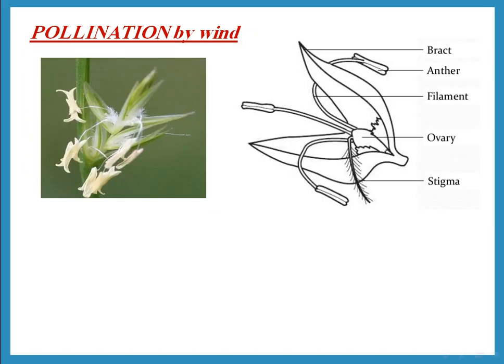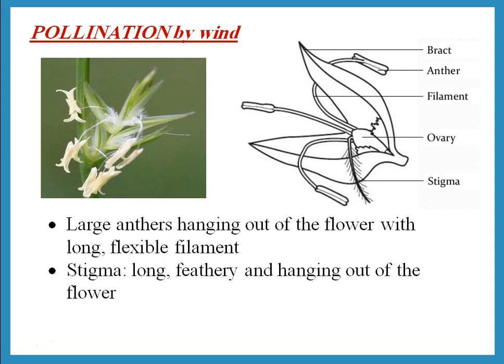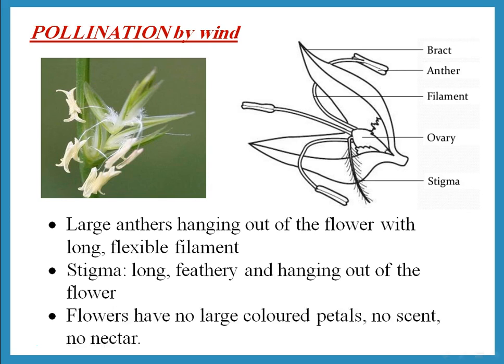But what if it does not have that? So if I have a flower that has large anthers hanging out with long flexible filament, and the stigma is long, feathery, and hanging out of the flower, and the flower does not have any large colored petals, no scent, no nectar, then this flower is pollinated by wind.